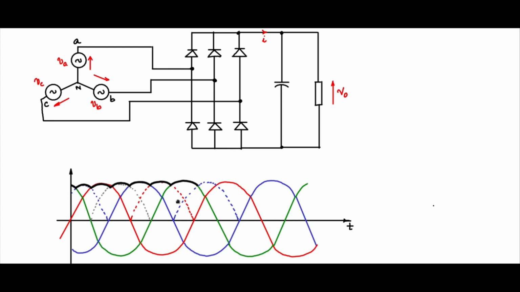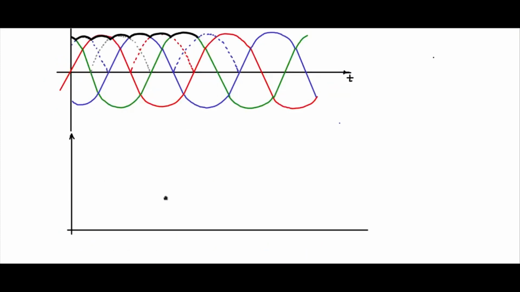Now this, if I zoom, I should be able to take this as the reference 0, and then with respect to that I will zoom this, and the output wave shape will be something like that.